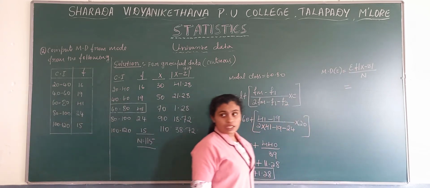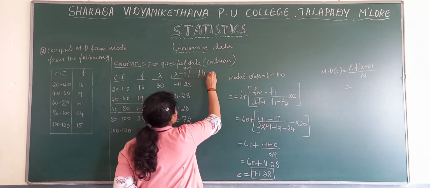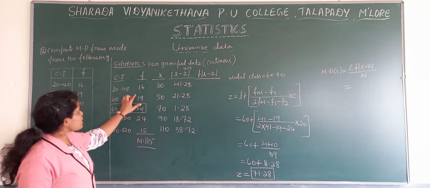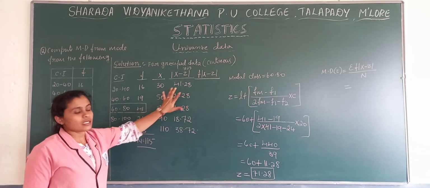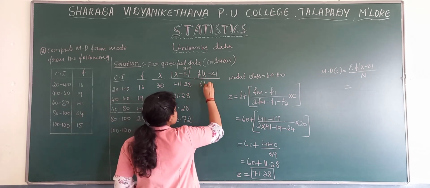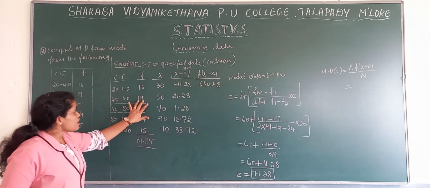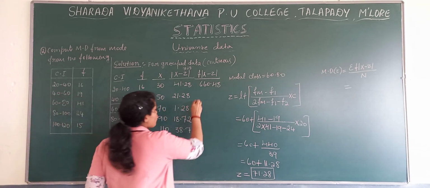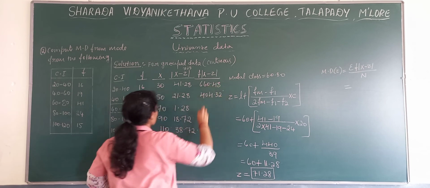Then frequency into modulus x minus z. Now multiply the frequency: 16 into 41.28 gives 660.48. Next 19 into 21.28 gives 404.32.